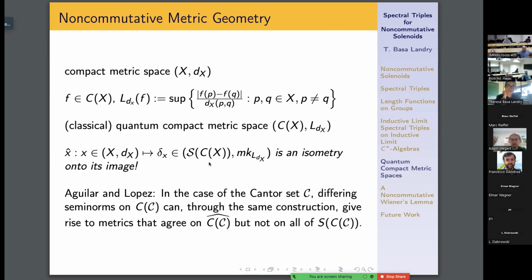In this context, yes, this is called the Gelfand transform, and this is on the level of algebras, not on the level of space. Here we are on the level of space. Delta is dual to hat. Exactly. So the dual Gelfand transform. So I should call it the dual Gelfand transform.